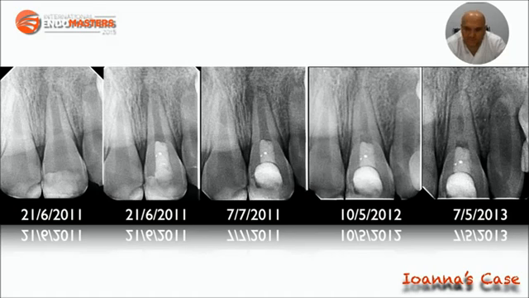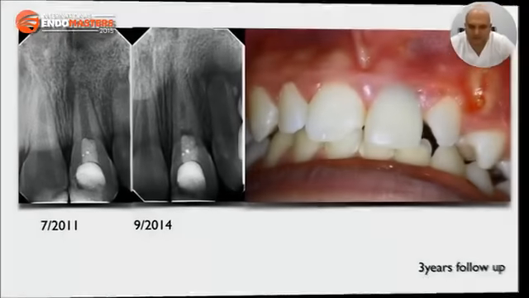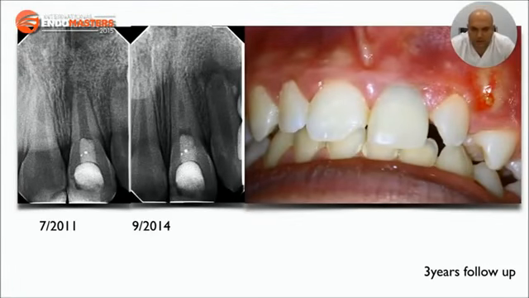Amazing regenerative potential of the young patient. Dentin wall thickening and dentinal bridging under the MTA. And this is the 3 years follow-up of little Joanna's case. Radiographic clinical image. Continuous root development and dentin wall thickening is evident 3 years afterwards.